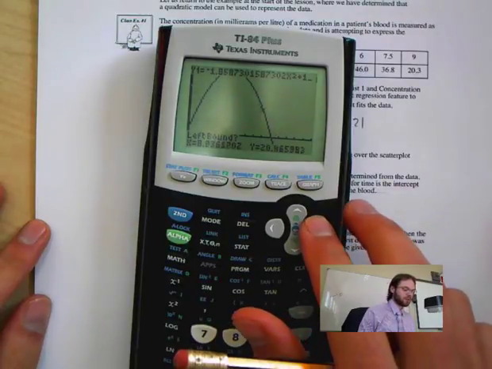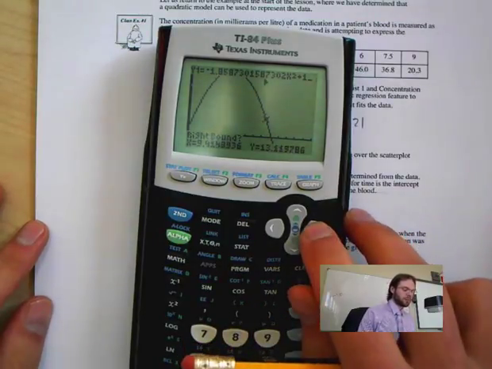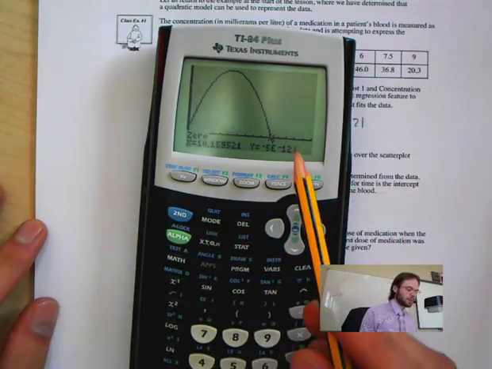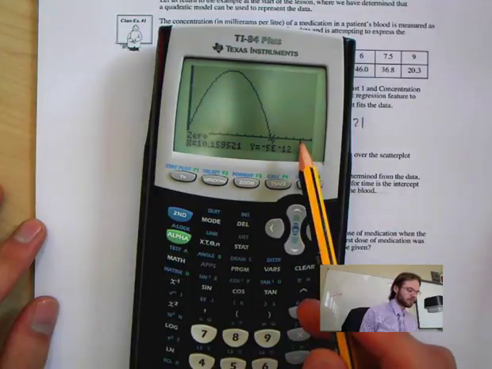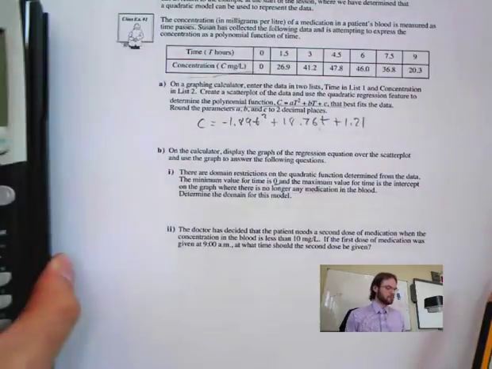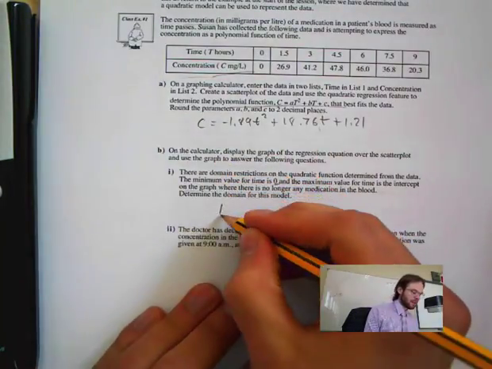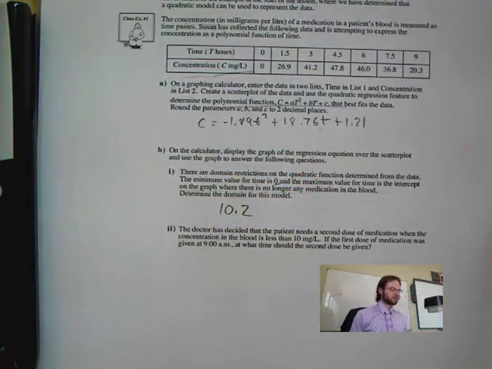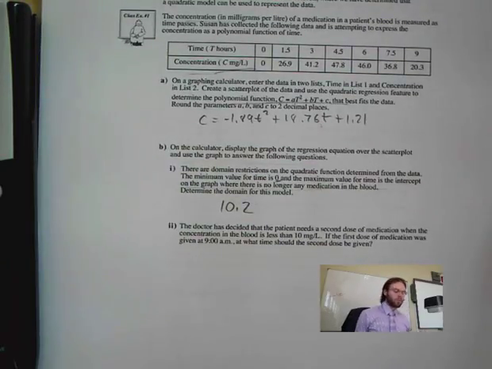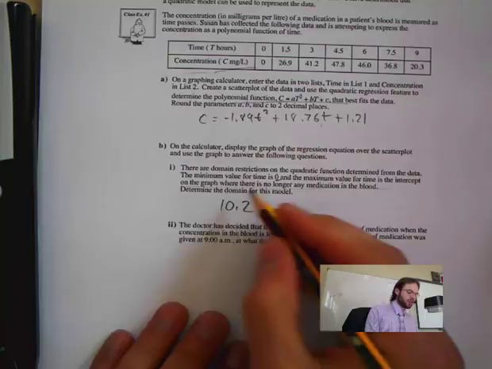So we want left bound, then right bound, and then our guess. It's around there. So I end up getting 10.2.